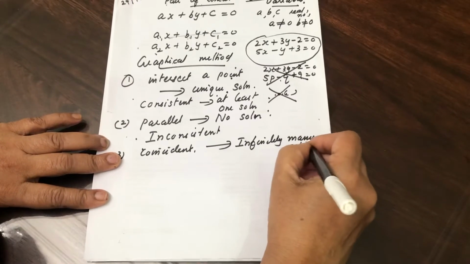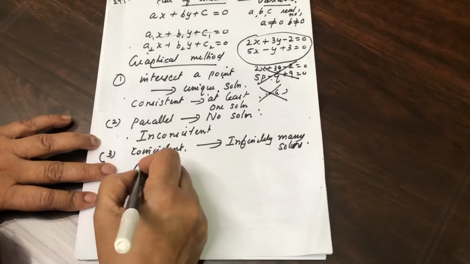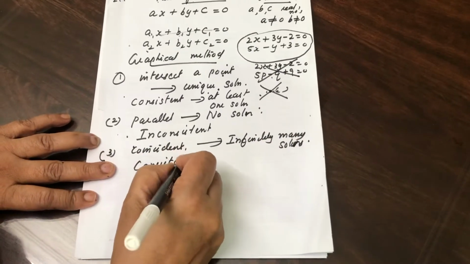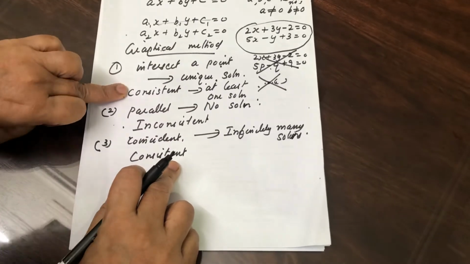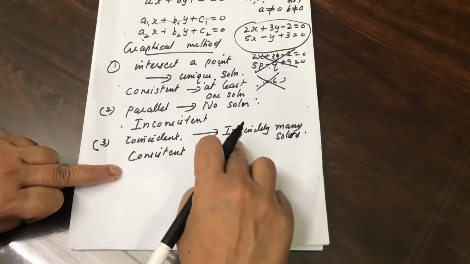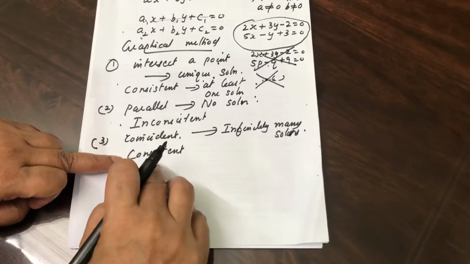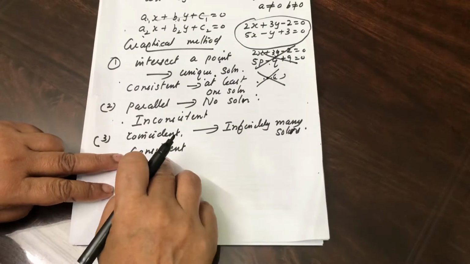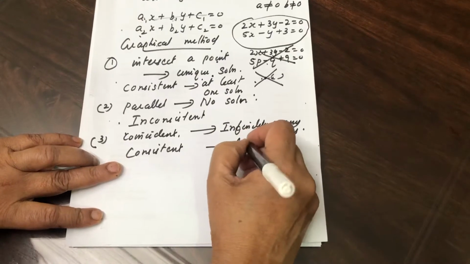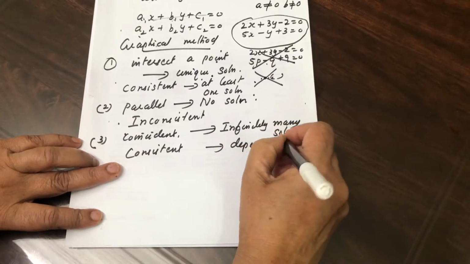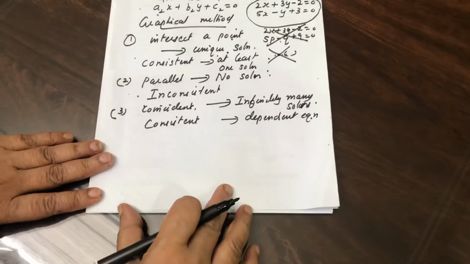Infinitely many solutions means you can call this consistent too, because there is at least one solution. Here there are infinitely many solutions, so it is consistent. These equations are also called dependent equations, because they have infinitely many solutions.